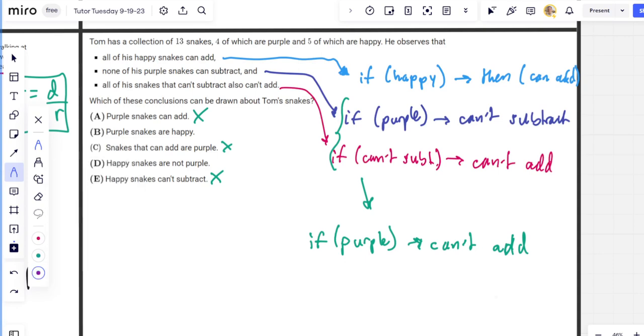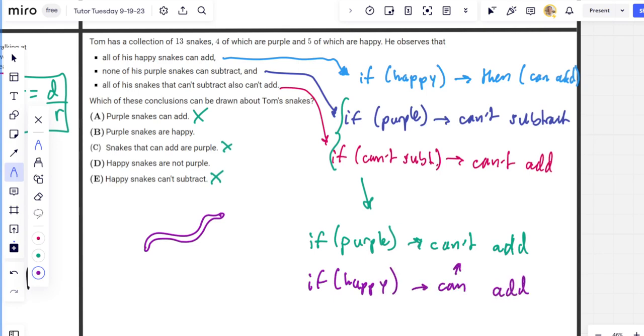What I notice here with our purple snake: if you are happy, then you can add. If you are purple, then you can't add. Let me rewrite that down here. If you're happy, then you can add.